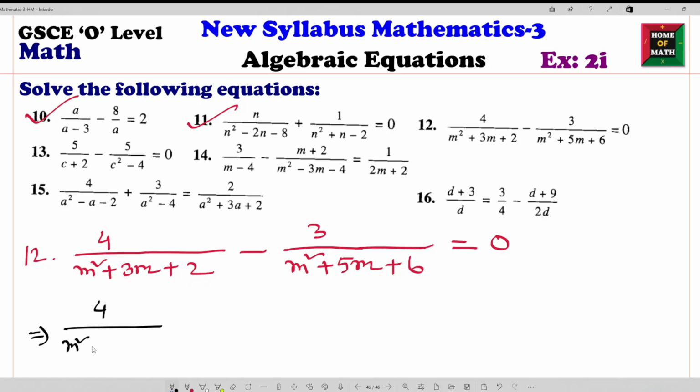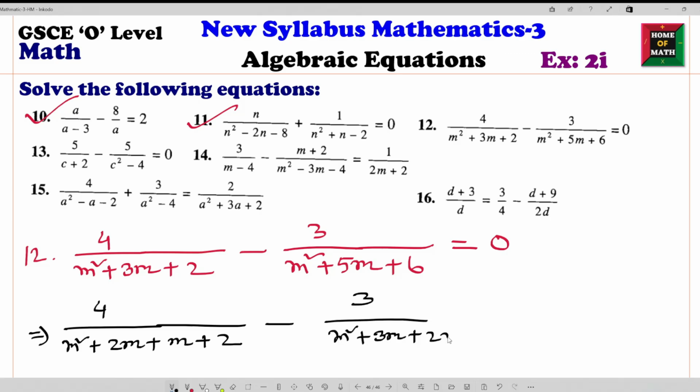So m square plus 2m plus m plus 2. 2m plus m means 3m, and 2 times 1 means 2. Minus 3 over m square plus 3m plus 2m plus 6. 3 times 2 means 6, 3 plus 2 means 5, equal 0.